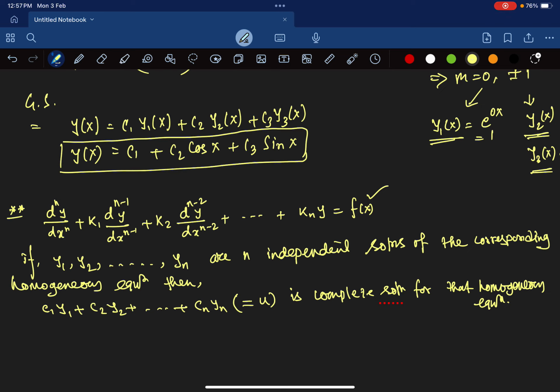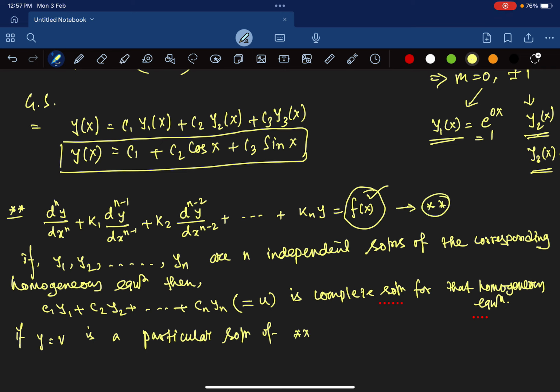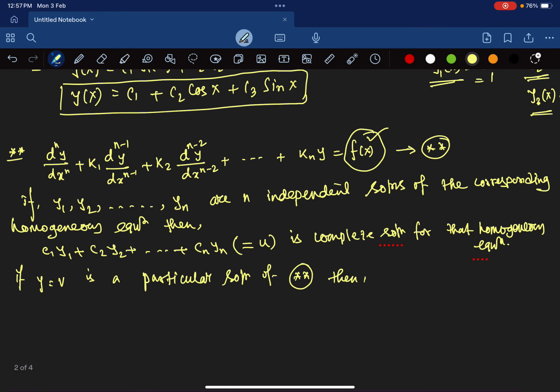Now here, f(x) is nothing but a function of x. Due to the presence of this non-homogeneous condition, if y = v is a particular solution of this equation, suppose it is double star, then as a whole this is a particular solution and this is the solution for that homogeneous equation.